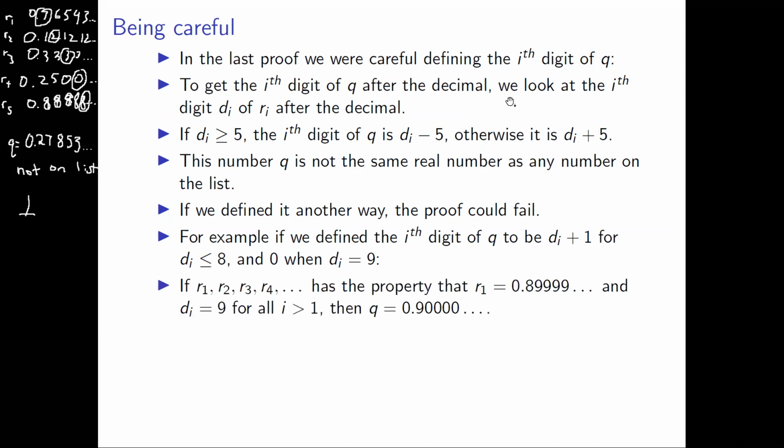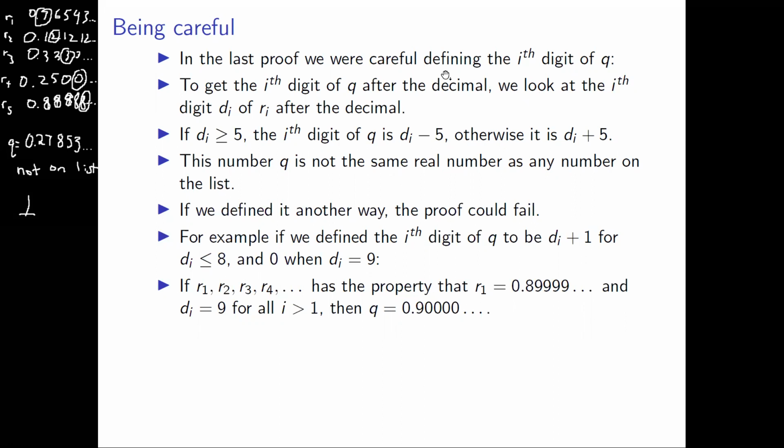For example, if you have your list of reals, R1, R2, R3, R4, and so on, and the first number on the list is written 0.899999 repeating forever. And for the numbers on the list after that, you have di, the ith digit of Ri, equal to 9 for all i greater than 1.